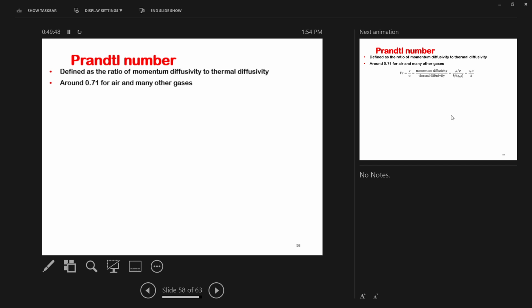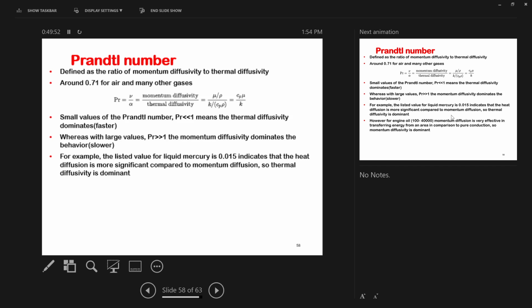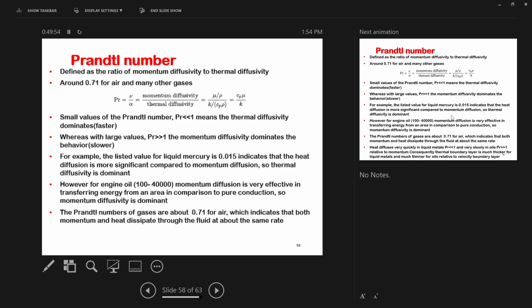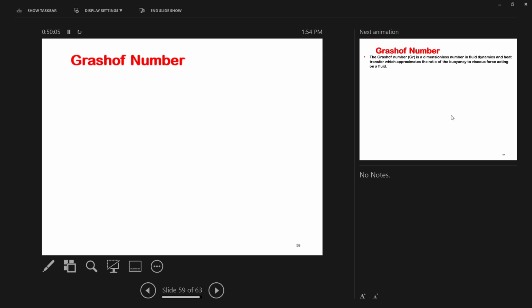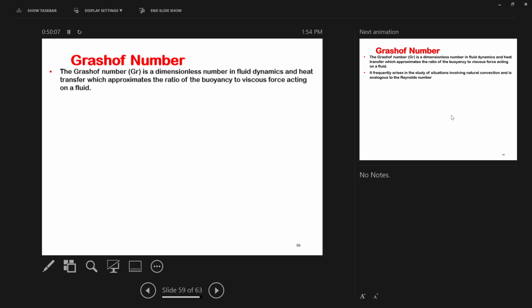I'm just going to skip over the Prandtl number. You can always go ahead and read through this slide here, but all you need to concern yourself with as far as the Prandtl number goes is that it is 0.75 in the equations that you want to use.